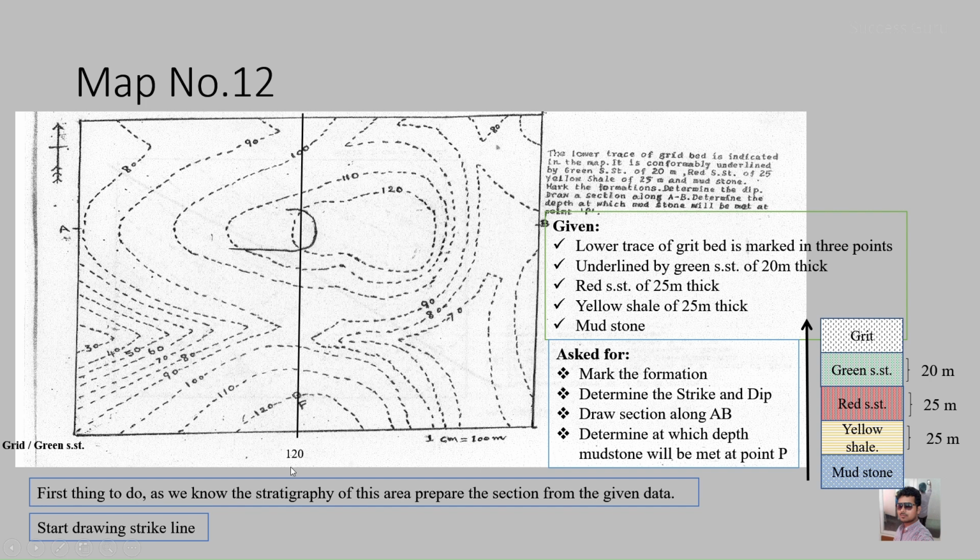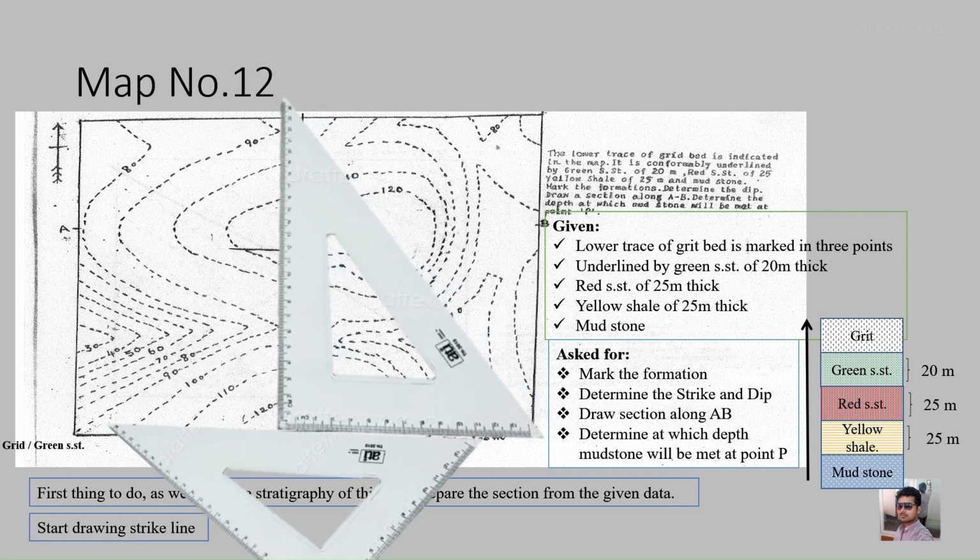Is that clear? So we have drawn the very first strike, and as you know, by thumb rule, all the strikes are parallel and equally spaced unless it is deformed. In this case, they have not mentioned any deformation, so we consider there is no deformation. So this is the very first strike, and we can use the set square to draw the second strike.